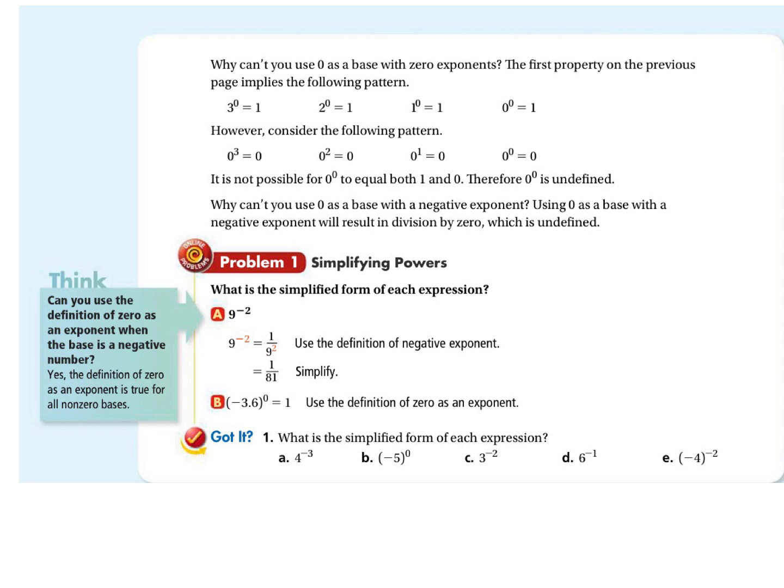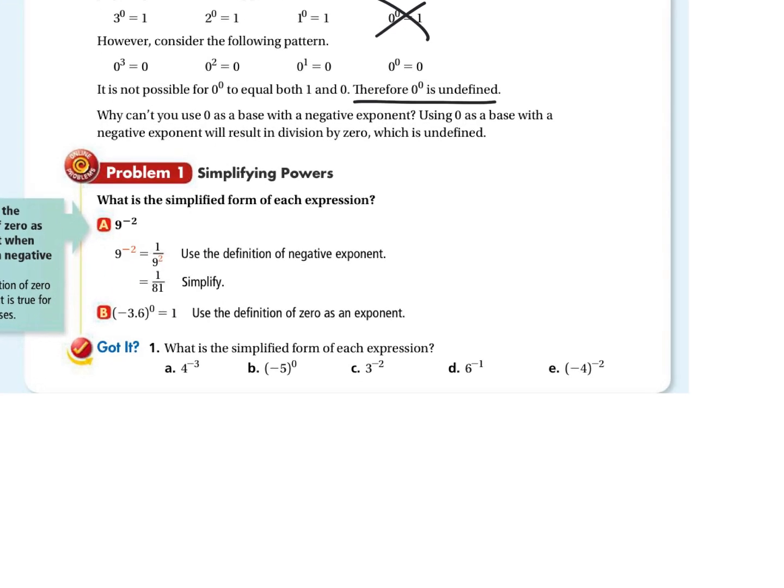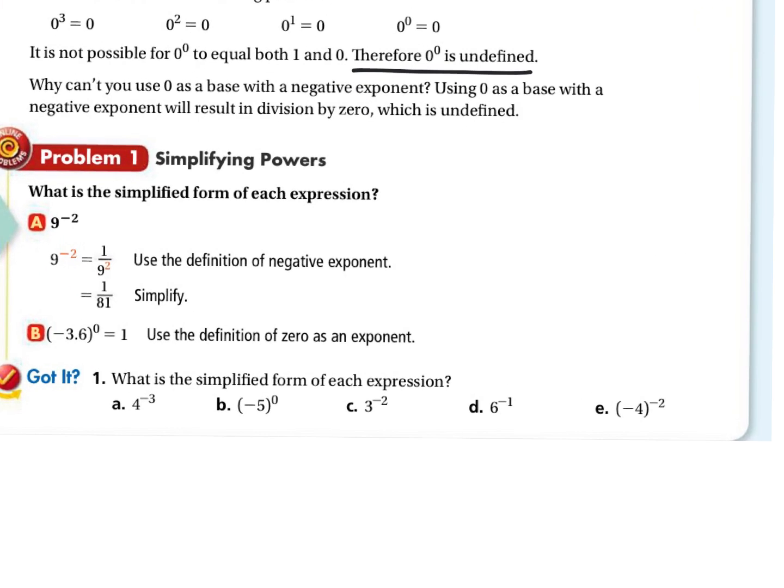The top of the next page mentions why we can't have 0 as a base, and also why we can't have a 0 to the 0 power. 0 to the 0 power is undefined. And then it also talks about how we can't have 0 to a negative power. I'll mention that one real quick.